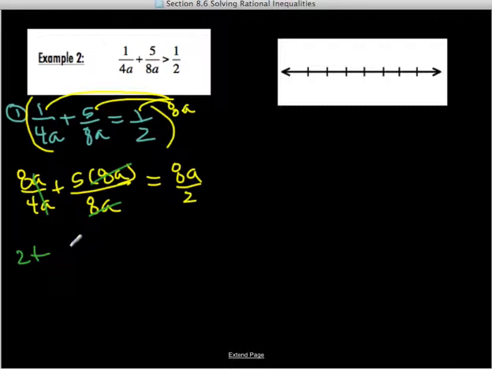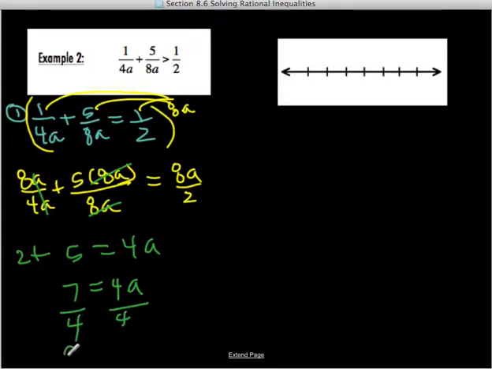The 8a's will cancel, so I have plus 5 is equal to 8 divided by 2, which is 4. So I have 7 is equal to 4a. And I will go ahead and divide by 4. So a is equal to 1.25. Sorry, 1.75, right? Yes, 1.75.